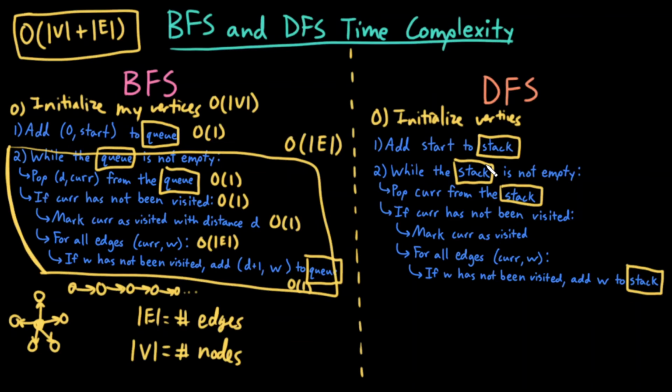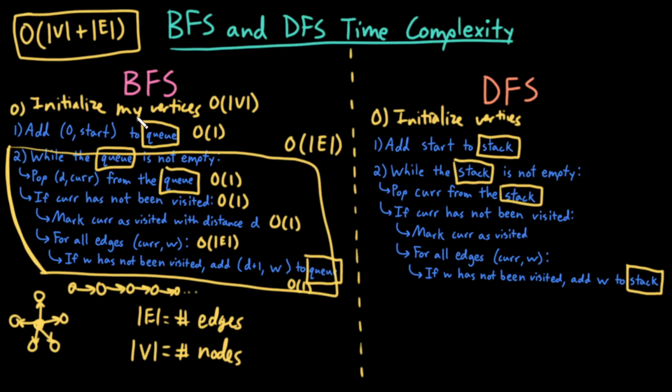Well, remember, if I use a linked list to implement my queue versus a linked list to implement my stack, in both scenarios, I have constant time access to the front or the back, which means that I have the exact same time complexity as BFS. It's actually the exact same algorithm, except I'm changing the order in which I'm iterating over my nodes. And as a result, the paths that I traverse look different.